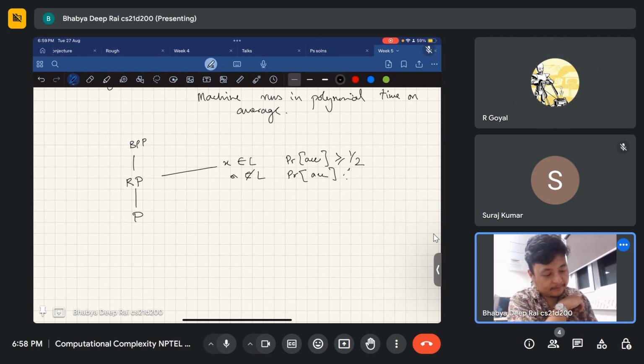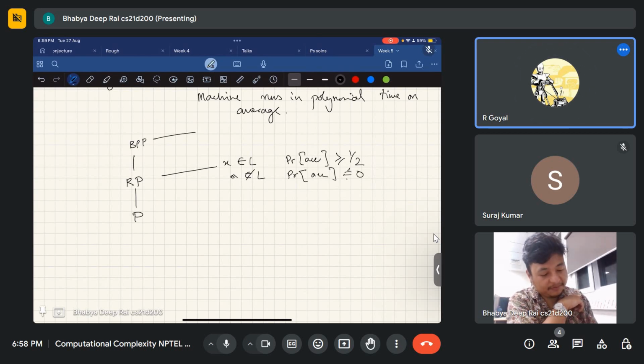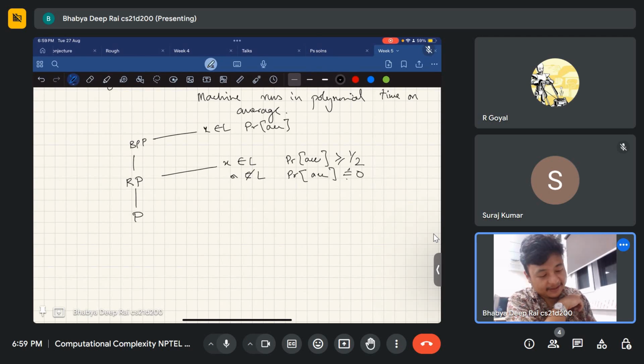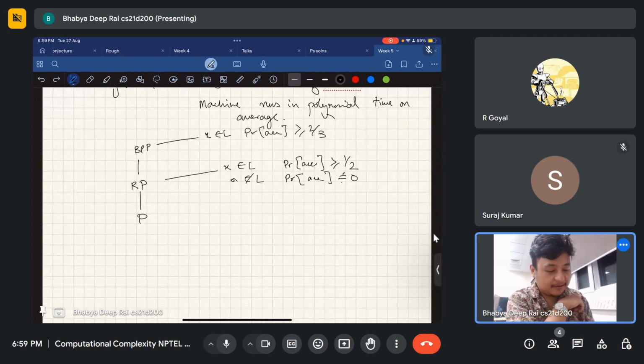And BPP, if it is in L, then probability that it accepts is greater than or equal to 2 by 3, and you are right that these constants don't matter. So half you can actually increase it to 2 by 3. Okay, I think you've seen it in the lectures. There's something called amplification, right?